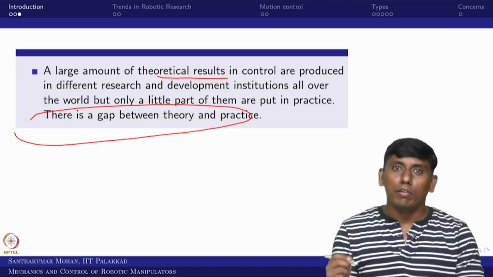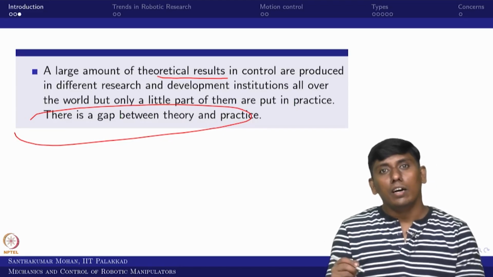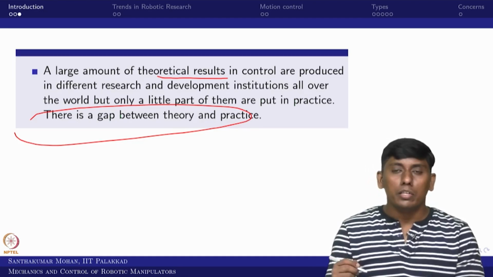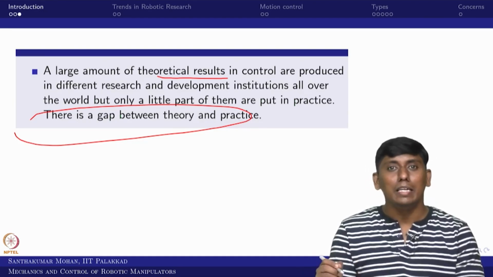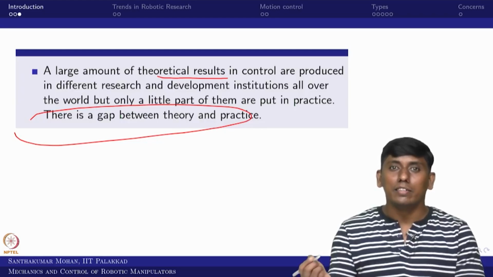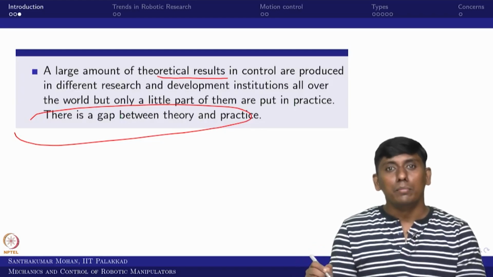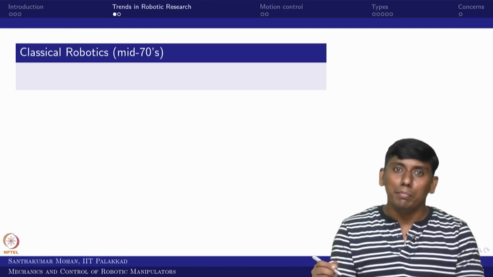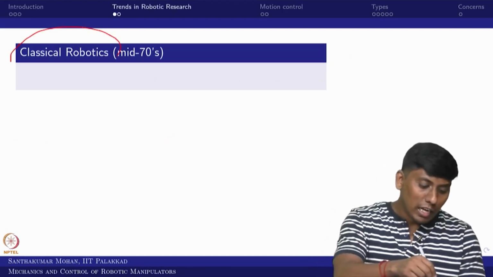First of all, we have to see how the trends were in the control aspect of robotic systems. The robotic system started probably in the early 60s and 70s, it started getting some shape, and in the 80s it matured. What people did in the mid 70s, we call classical robotics.